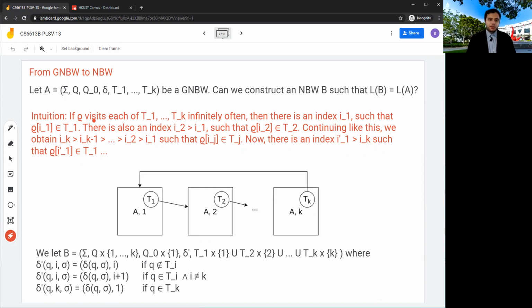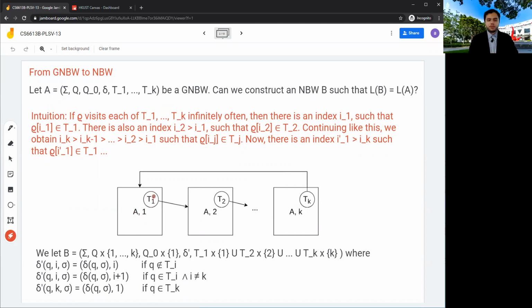So how can we translate this automaton A, which was a generalized non-deterministic Büchi automaton, to just a simple Büchi automaton? Well, we just do this. We take K copies of our original automaton. The idea is that you start in the first copy, and you run the first copy until you get to a target in the first target set.